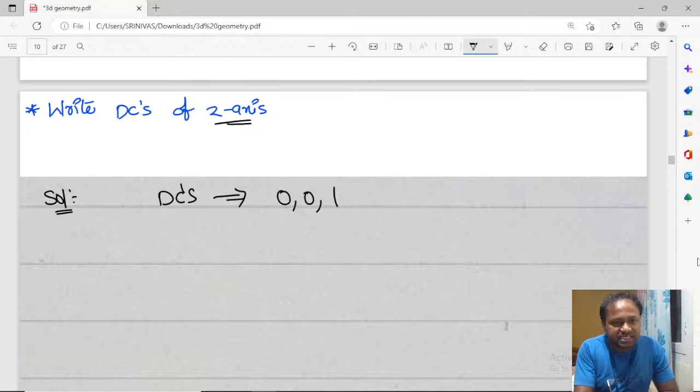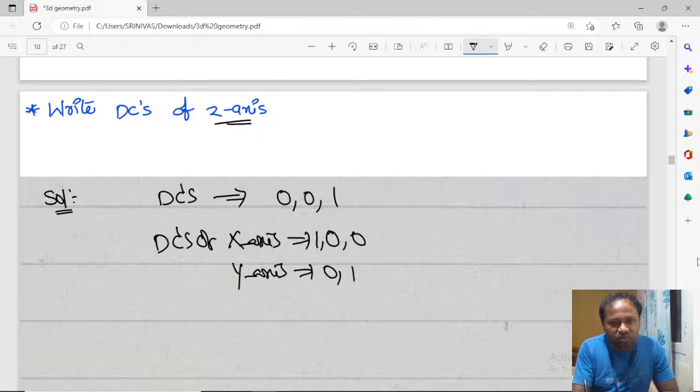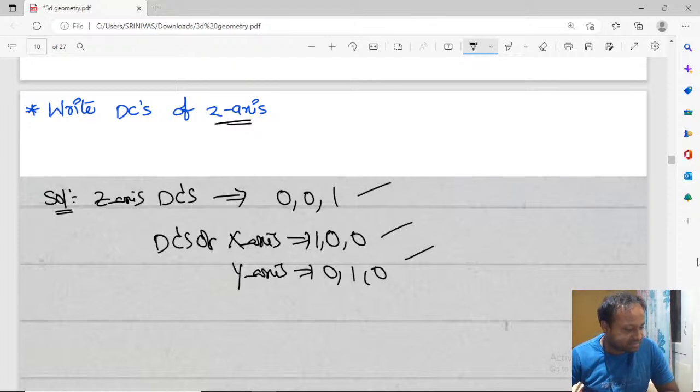What about DCs of x-axis? X-axis DCs 1, 0, 0. Y-axis DCs 0, 1, 0. So this is z-axis. So these are all direction cosines of all axes. Okay. Yes.